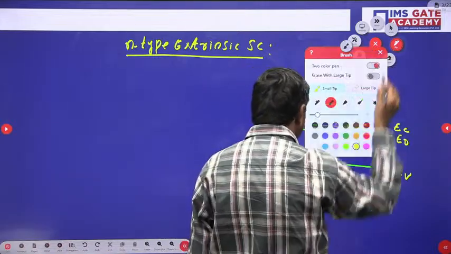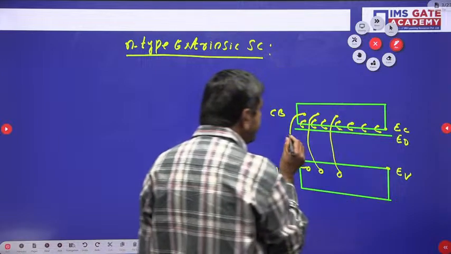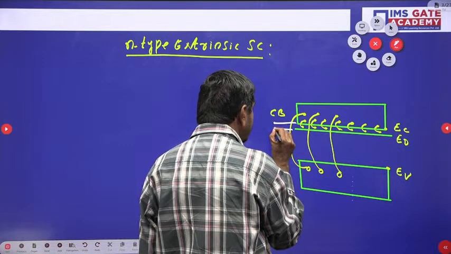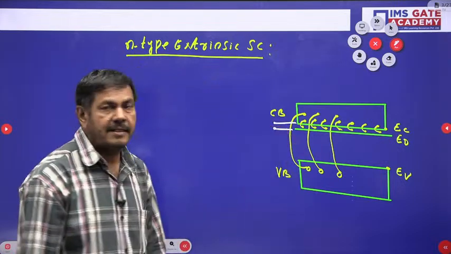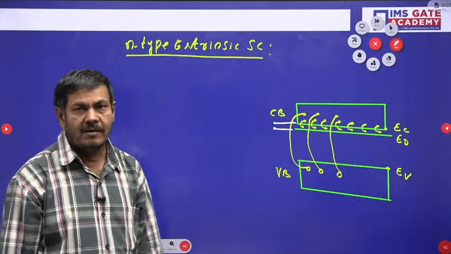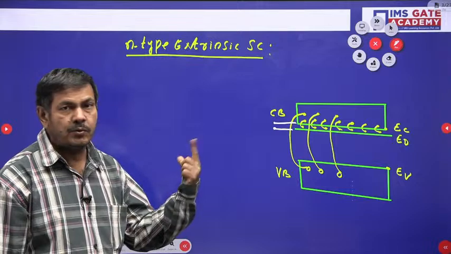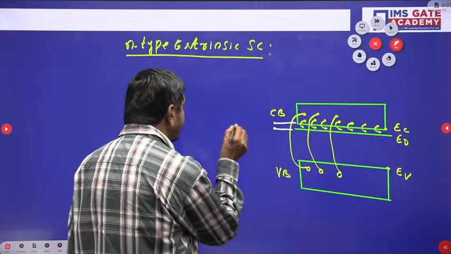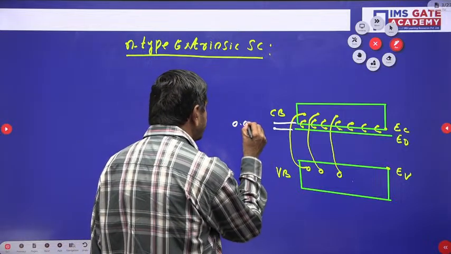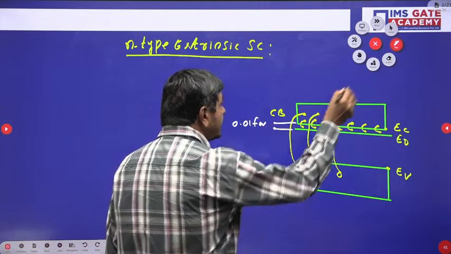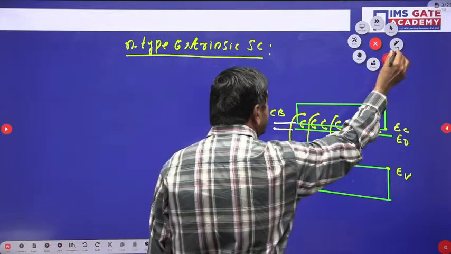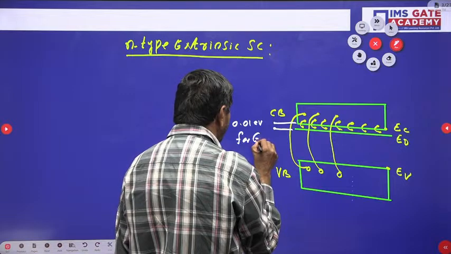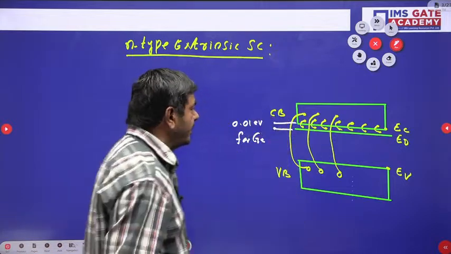But please watch here, between ED and EC. Some energy is required to move the electrons. What energy is required to move from ED to EC? That energy is given as 0.01 electron volts for germanium.